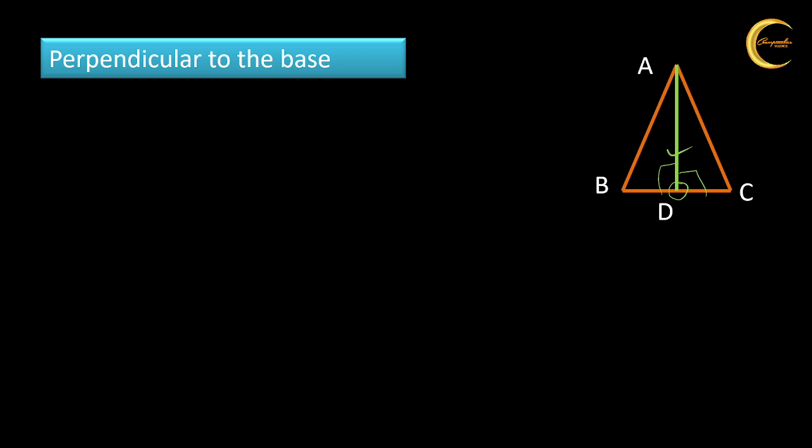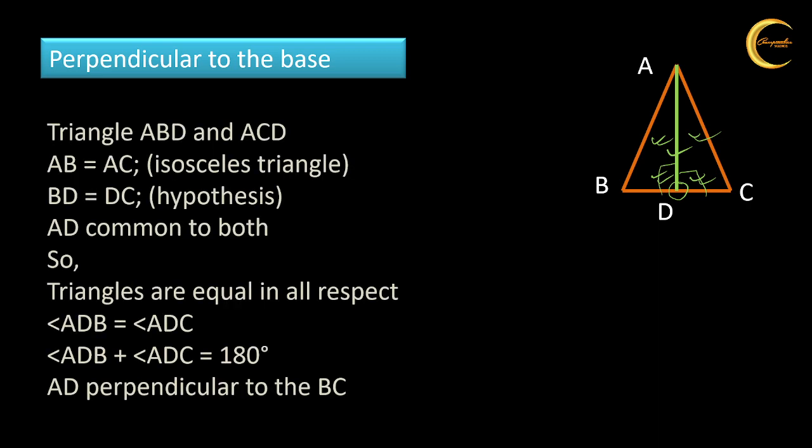Earlier we proved that triangle ABD and triangle ACD are equal in all respects. So angle ADB equals its corresponding angle CDA. Now, if these two angles are equal, and BC is a straight line, then the angle on the straight line BC equals 180 degrees. This point is very important. So this line AD is perpendicular to this line BC.